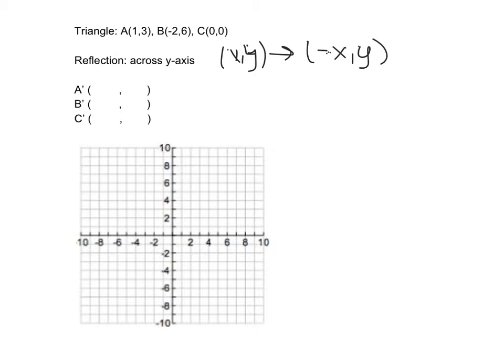So the point A prime is going to become -1, 3. The point B prime is going to become 2, 6, and then the point C, 0, 0, is going to stay at 0, 0. When we graph our original triangle, we have A at 1, 3, B at -2, 6, and C is at the origin.